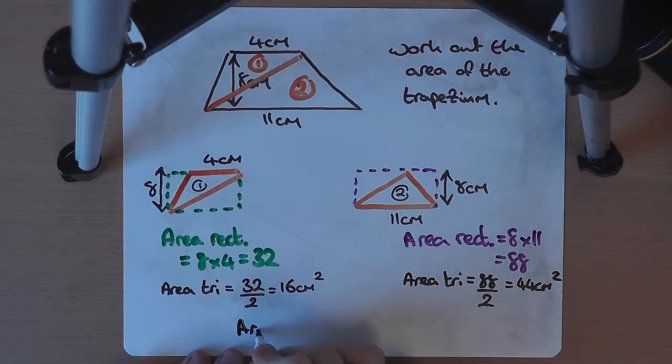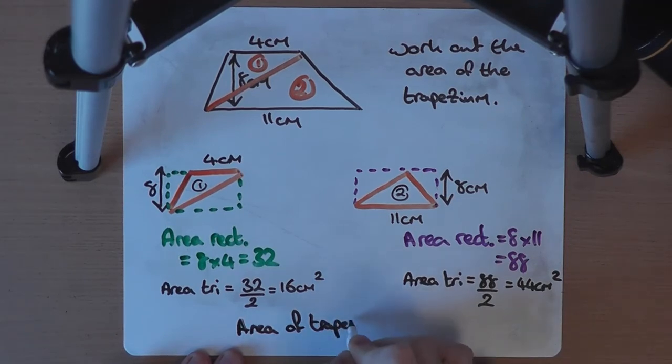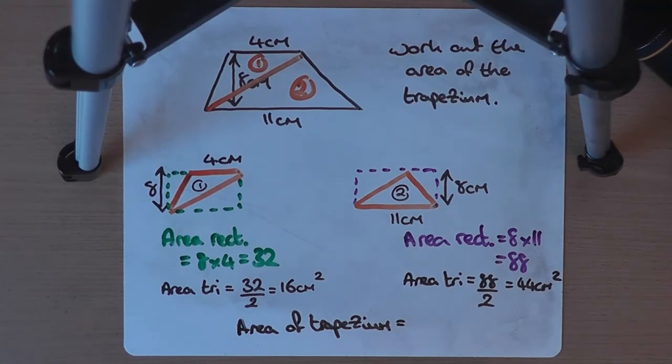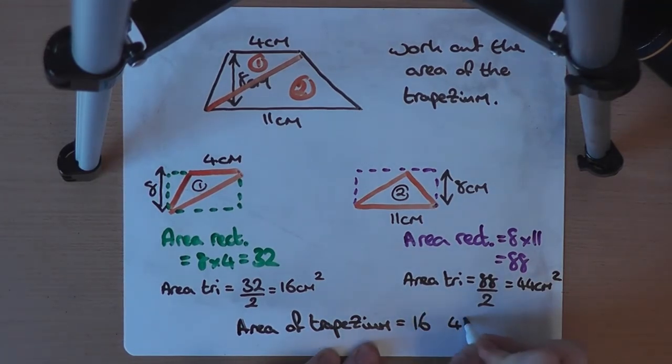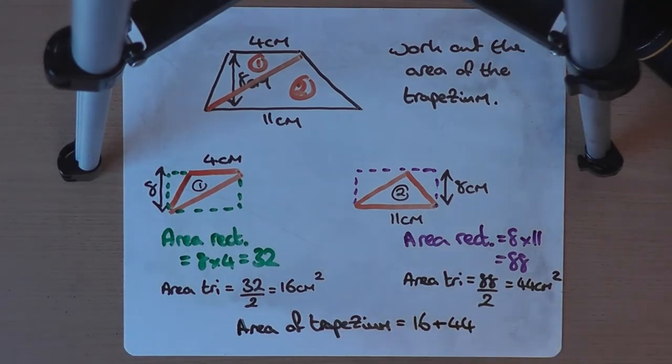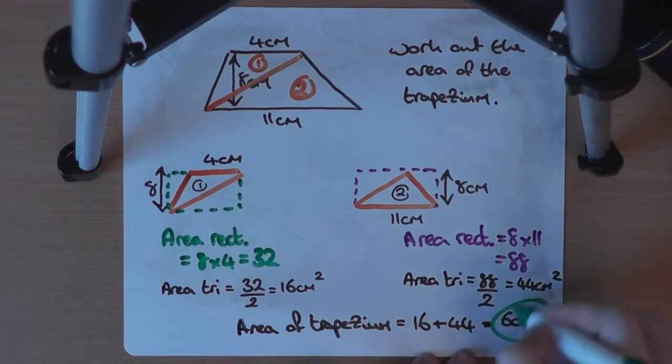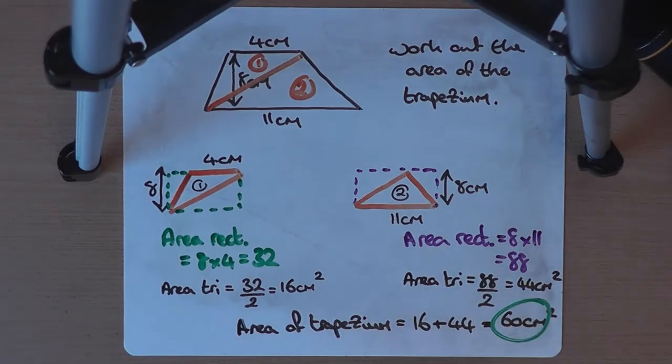Therefore, the area of the trapezium should be the 16 from triangle 1 and the 44 from triangle 2 added together. 44 plus 16, 60 centimetres squared. And that is our final answer, 60 centimetres squared.